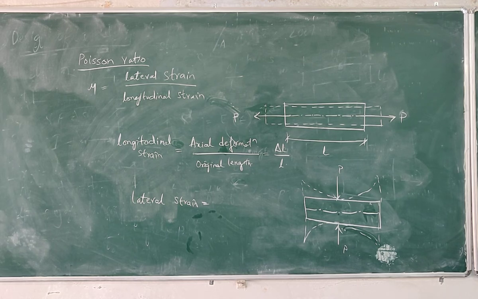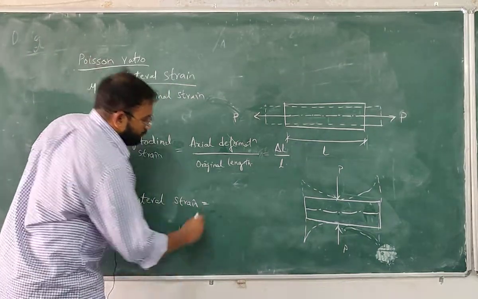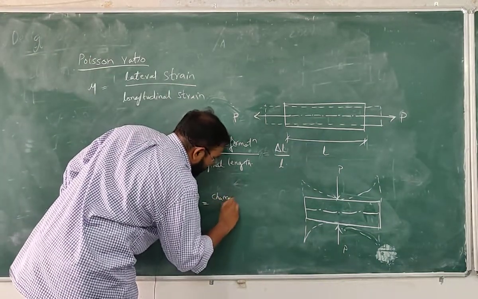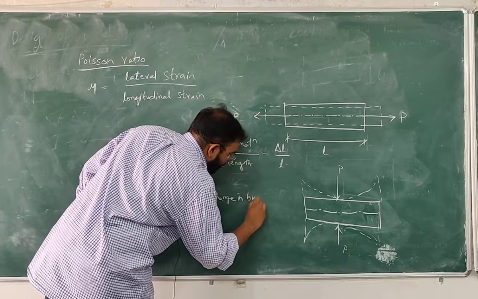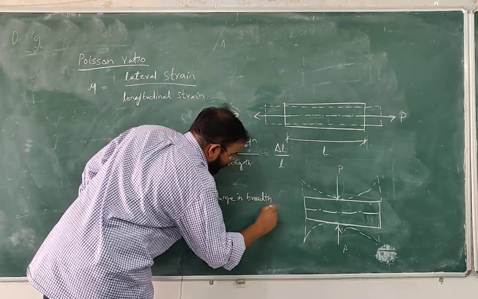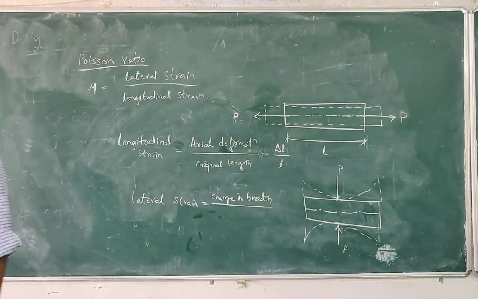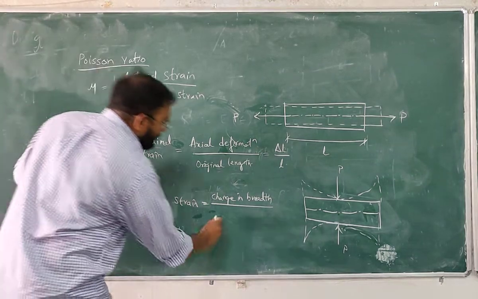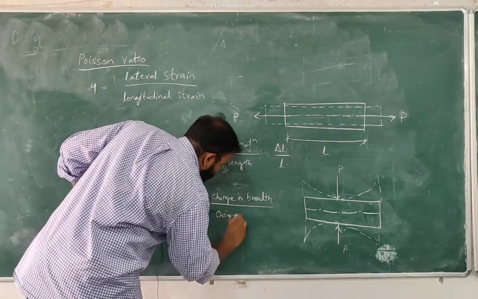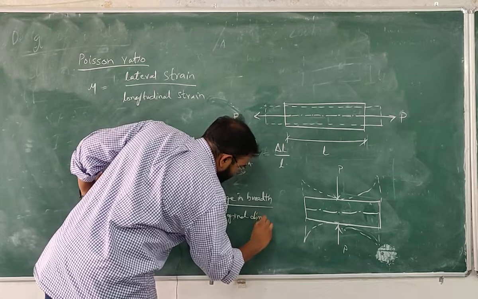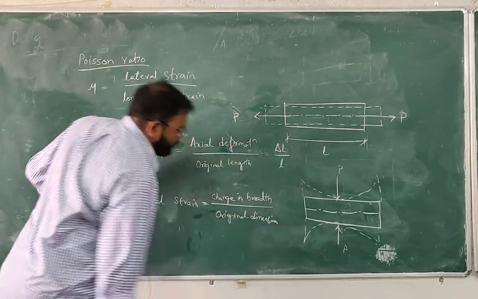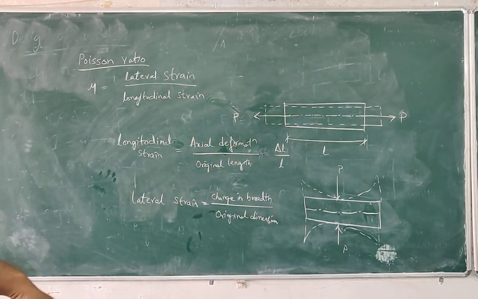Change in breadth dimension by original dimension. Change in breadth dimension by original dimension, this is called as lateral strain.